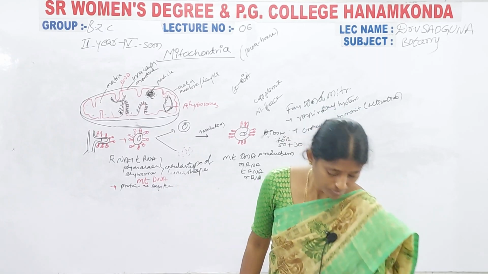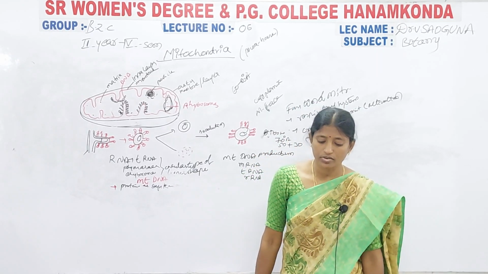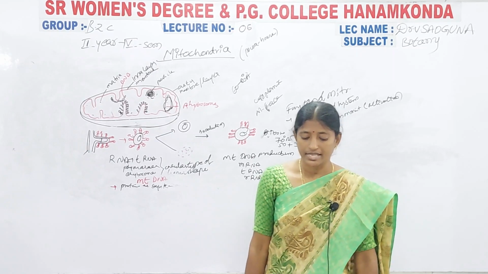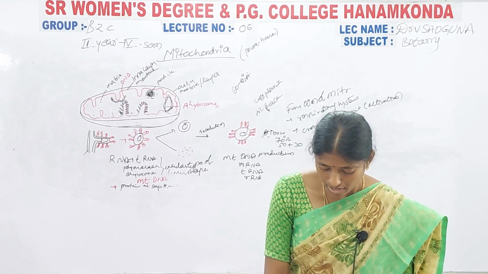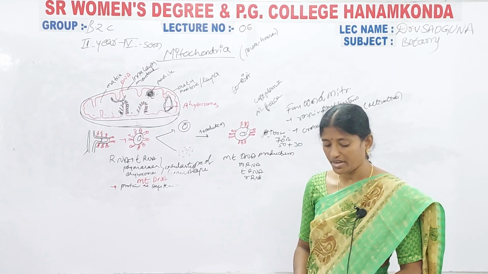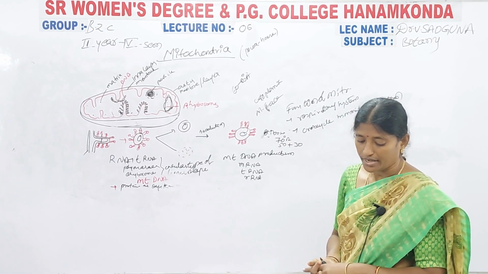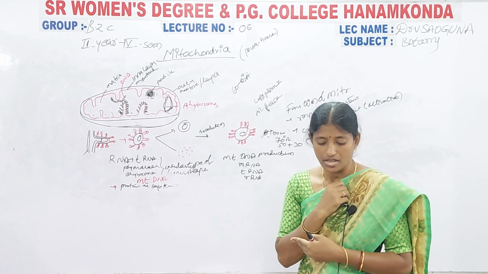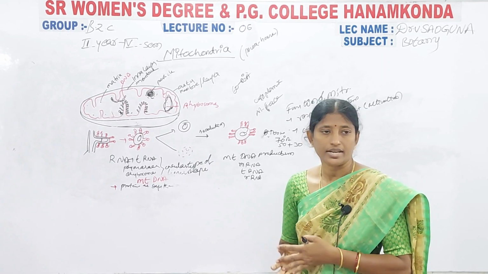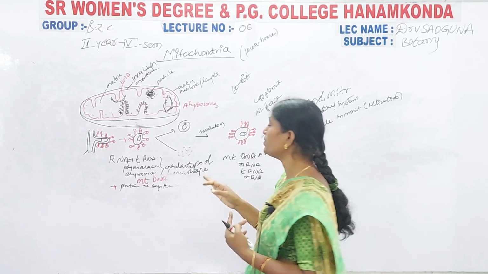Mitochondria were discovered by Kolliker, Altmann, and Benda, who together discovered the mitochondria, which consist of a membrane called the perimitochondrial membrane, the peripheral layer.